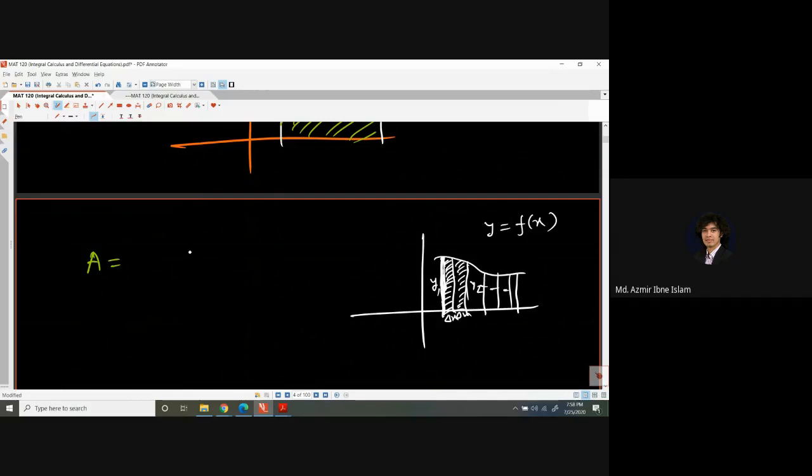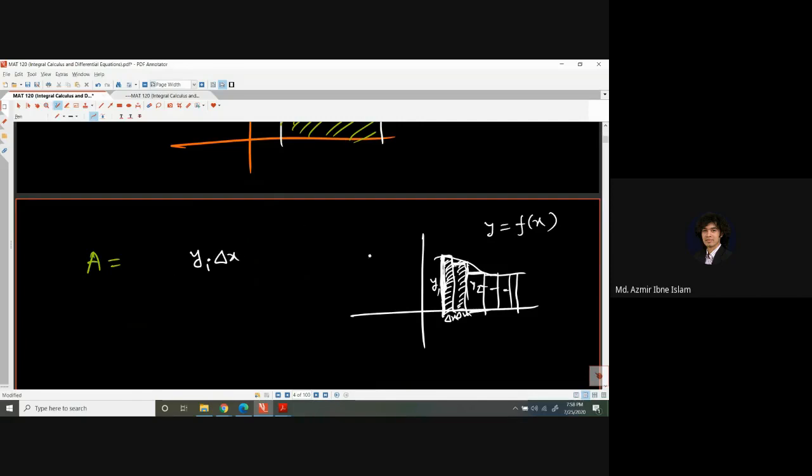Here the heights are not always the same, because here we have one rectangle and here we have another rectangle. So the rectangles are different from one another, but the base distance is the same.